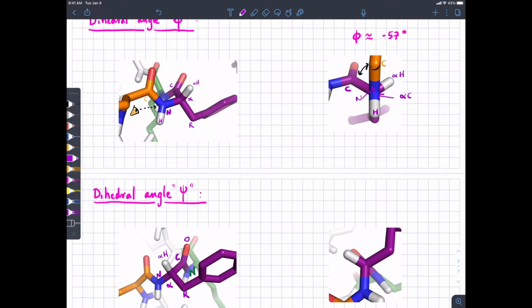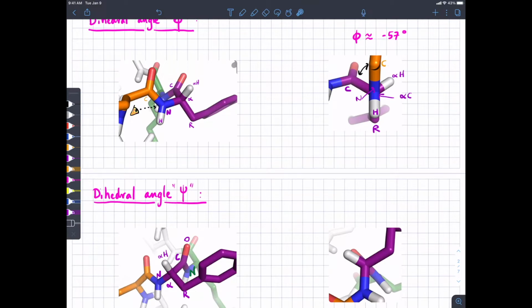Notice actually that the angle that's adopted here for phi, I didn't point out the side chain, but the side chain is eclipsed with the amide nitrogen, which may be as good as you can do here. And you might imagine that the size of the side chain might influence this dihedral angle. And so we will see there are some side chains that are more tolerated in alpha helices than others.